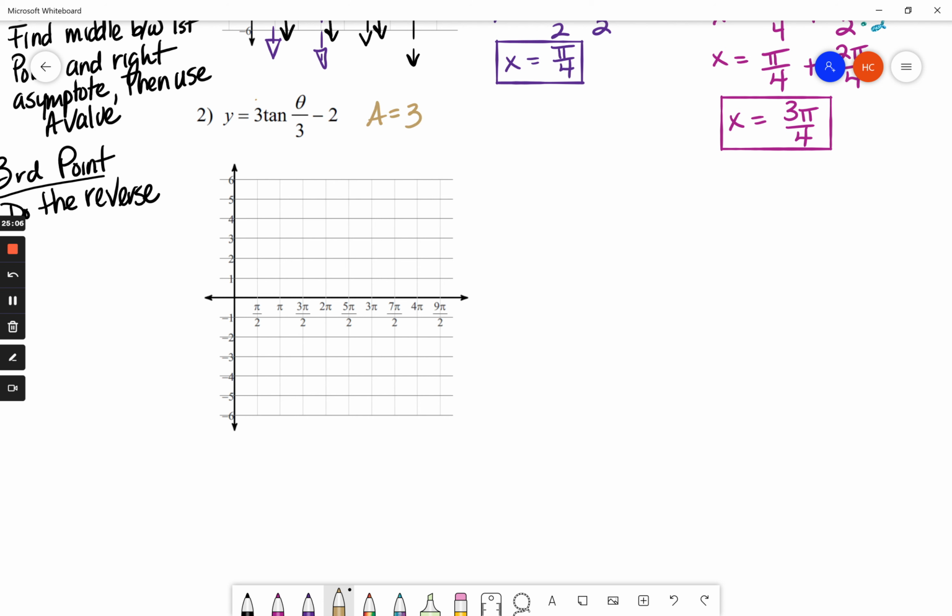So my period length is going to be just 3 pi. It's 3 pi divided by 1 is 3 pi. Okay, now let's go towards our asymptote. So asymptote number 1.